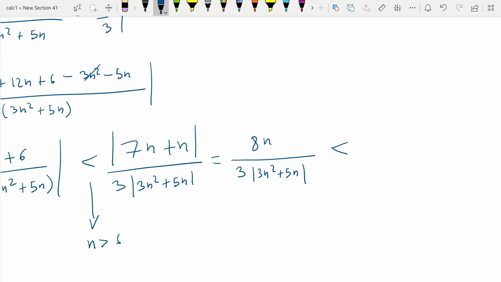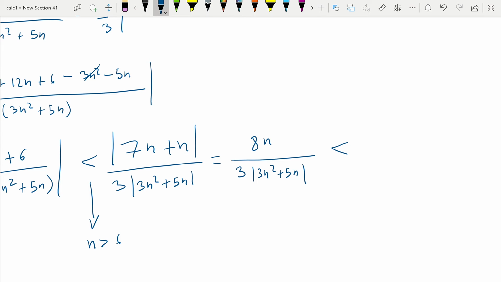So there's no way you can make 1 over 3 smaller than epsilon for a certain value of n. That expression doesn't even depend on n. So we can never find a value of n that would make 1/3 less than epsilon for every epsilon, because just pick 1/6, and that's going to be smaller than that. So there's no way to do that. 1/3 is just 1/3.